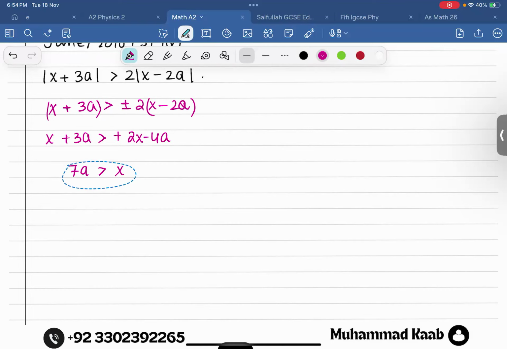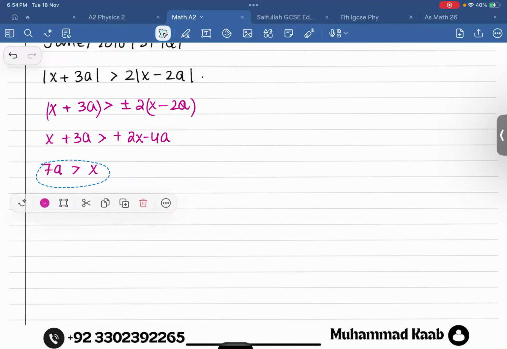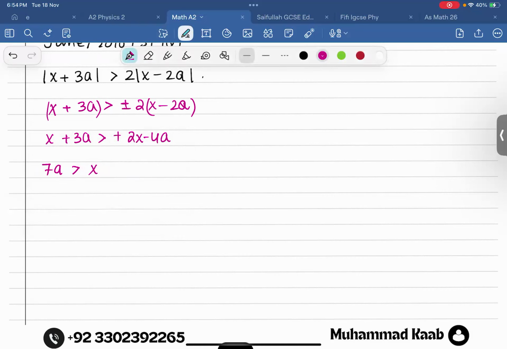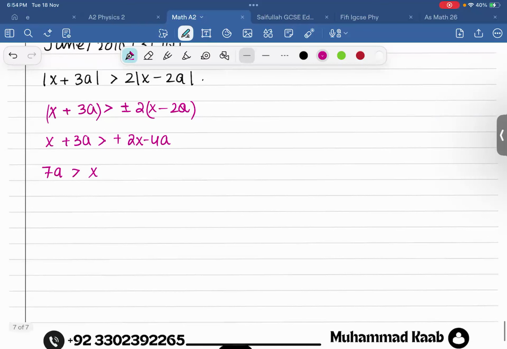Okay, the second one is going to be x is less than 7a, and the other one is going to be x plus 3a is less than negative 2x and positive 4a, right?